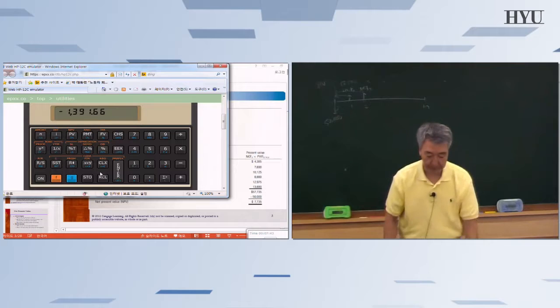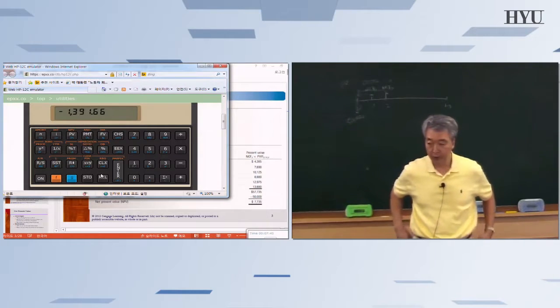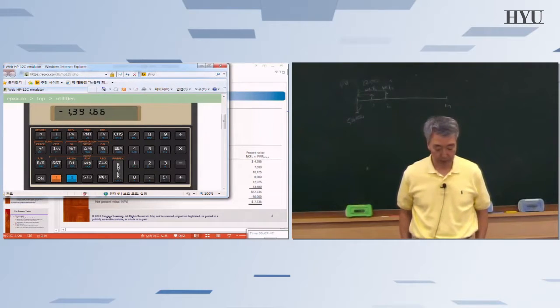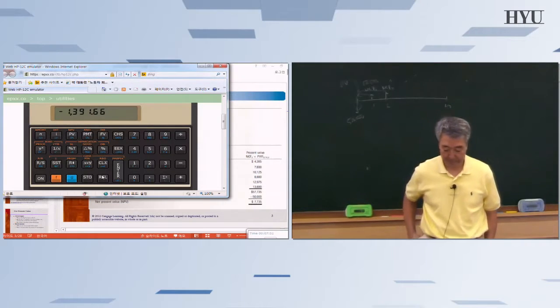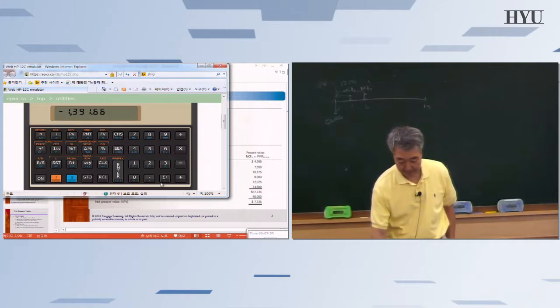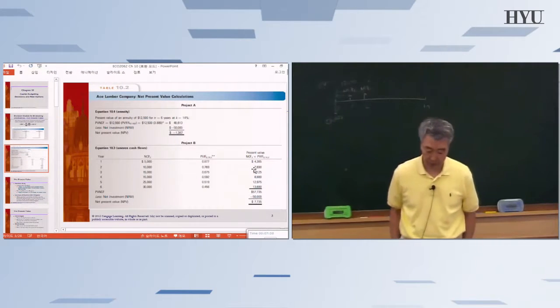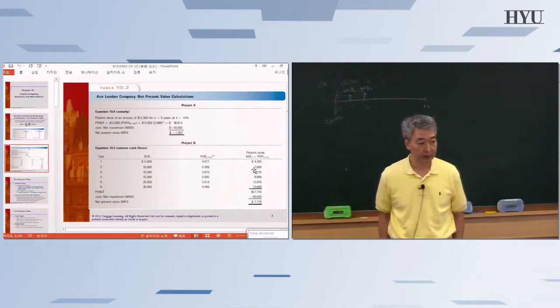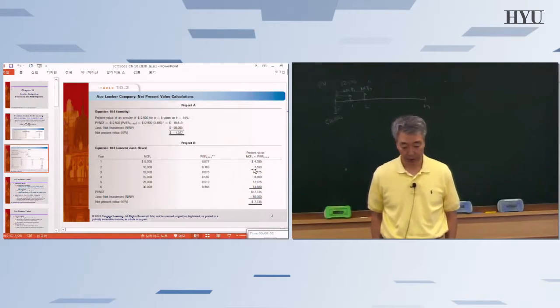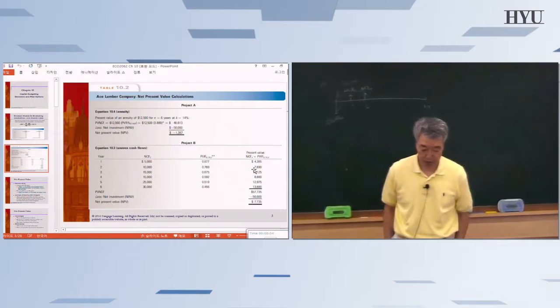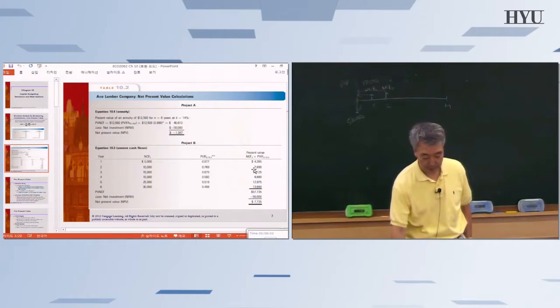That's it. So the net present value is negative $1,391.66. In the textbook, it says $1,387. There's a little bit of difference. I think that's because the textbook used the PVIFA table instead of a calculator.